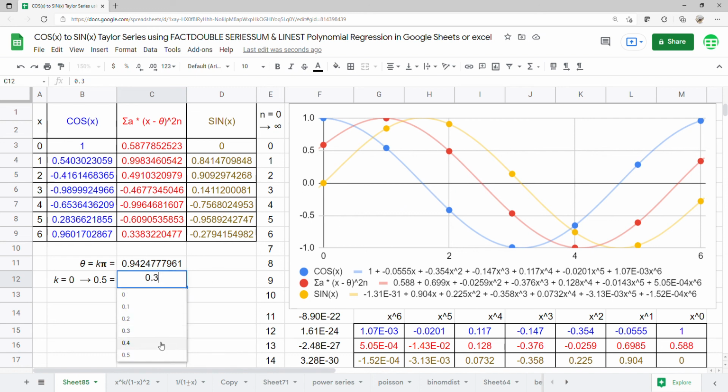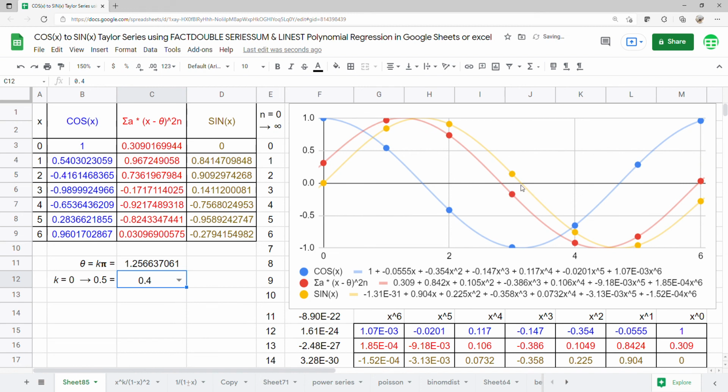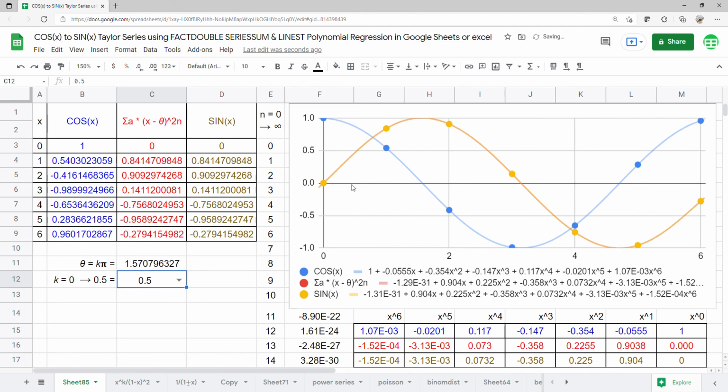And 0.4, now it's getting closer to sine. And at 0.5, now it is 1.57 radians from cosine, and they are now collinear with sine. And these values, the expansion approximates the sine function, and their data sets are the same.